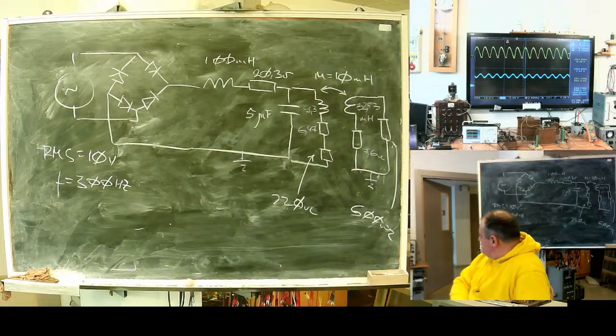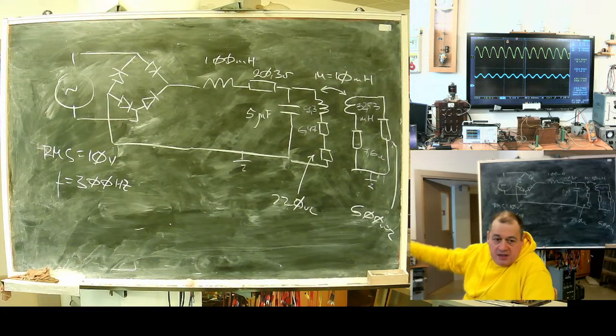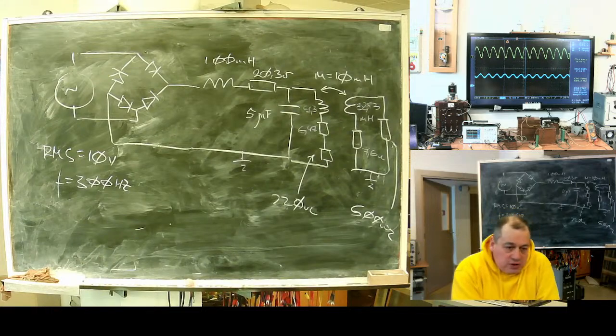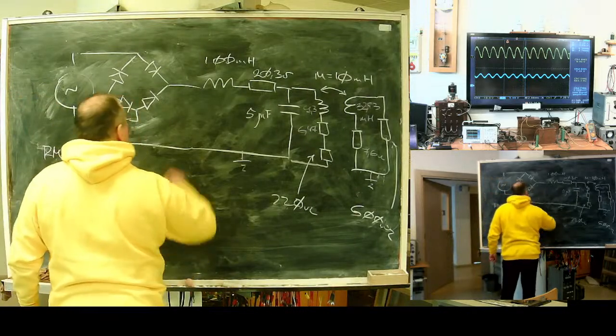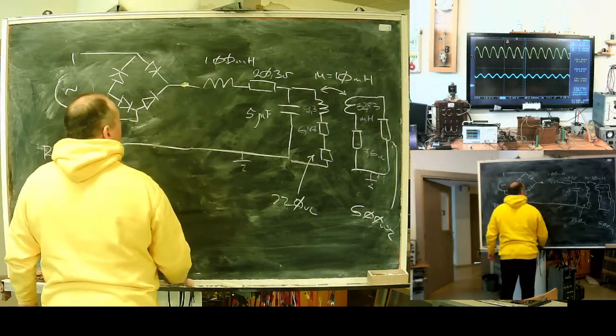Ideal sine source, powering a rectifier. Yellow line is a voltage at this point.